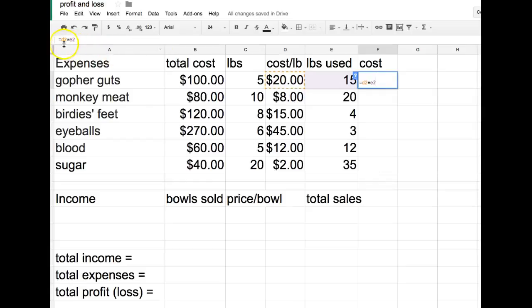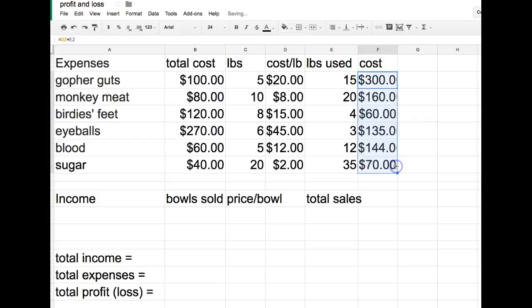So what's in D2, the cost per pound, times what's in E2, the number of pounds used. So how much does it cost for a pound? How many pounds did I use? So $20 a pound times 15. We're expecting to see 300. And we get our 300 there. And let's pull down our formula.